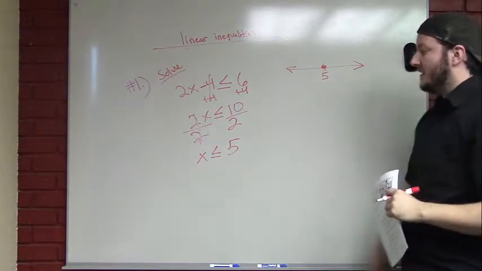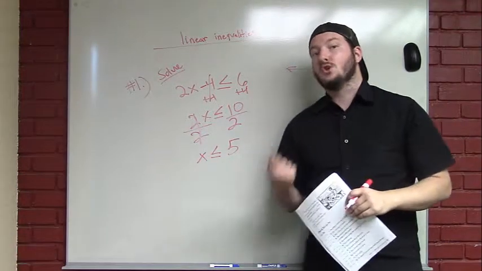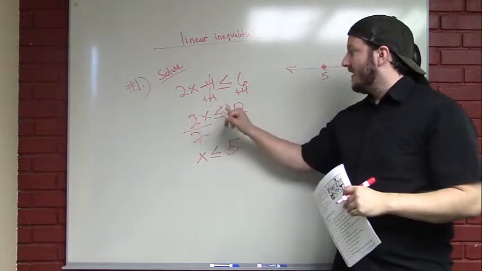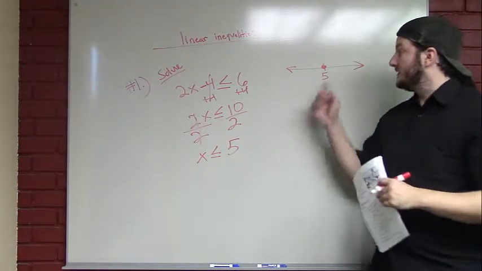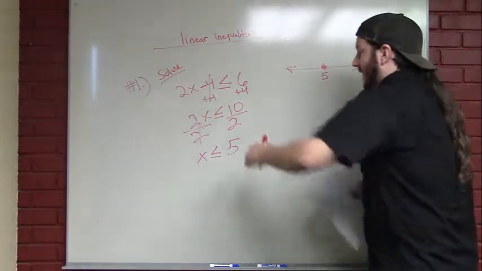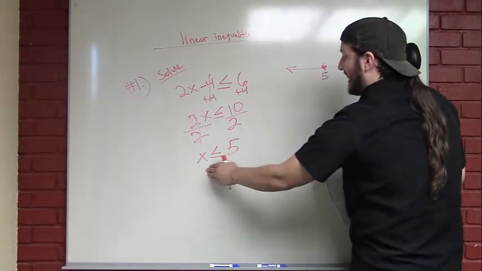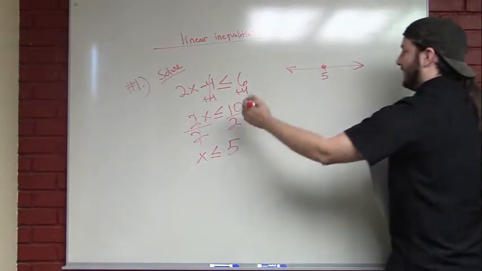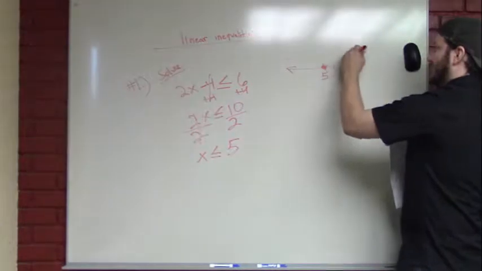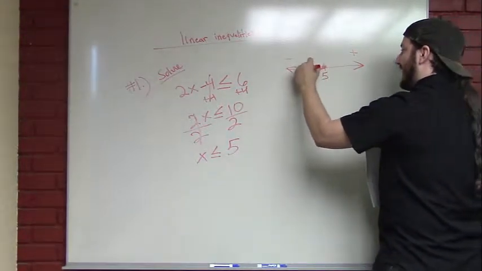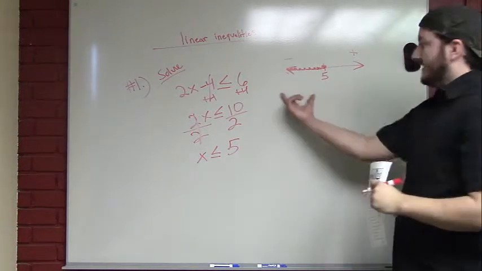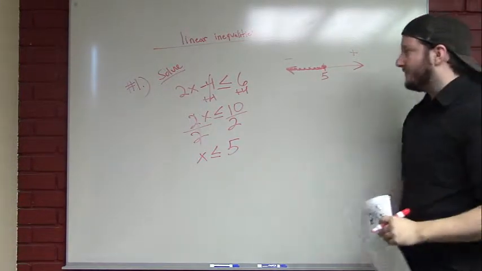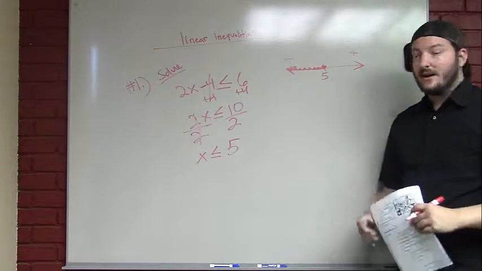Okay, it's solid because when it says or equal to, it's included. When the equal sign is not included, it's open. Okay? So now, x is less than or equal to 5. So remember, left is negative, right is positive. So once again, we're going this way. So this is your graph. When they say graph something, it just means graph it on this line, okay?